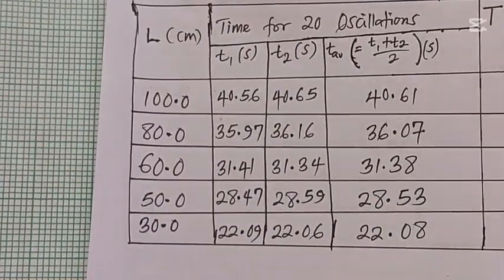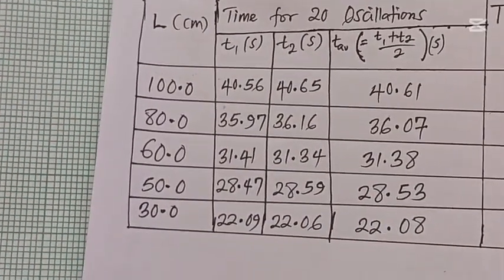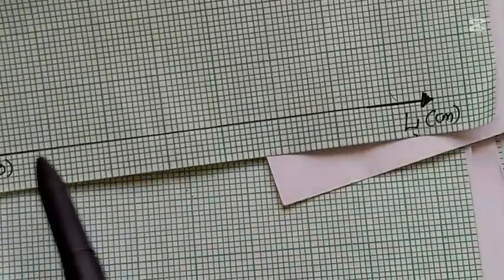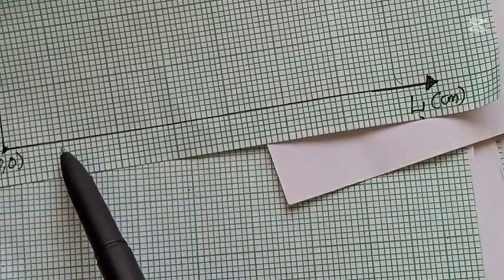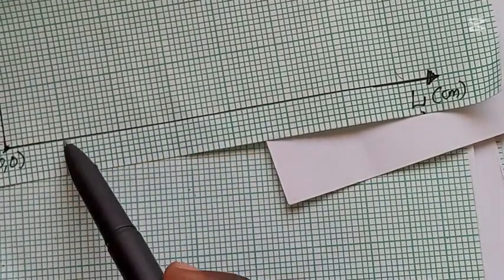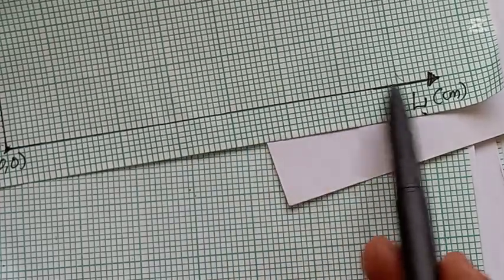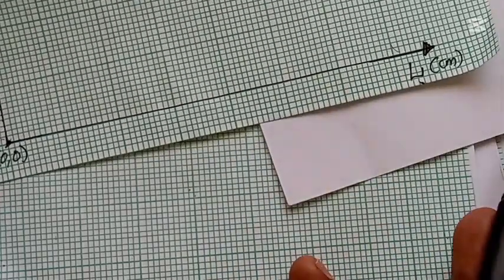So now we can't say 1 centimeter represents 0.5 or even 1, because it won't be up to that. Let's try 10 and see. If we say 2 centimeters represent 10 units, then it will be 10, 20, 30, 40, 50, 60, 70. No, it's not even up to 100.